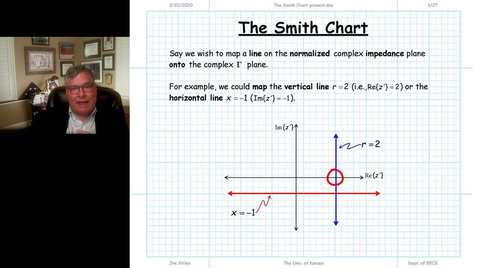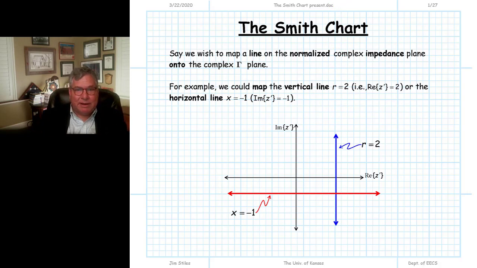That is the location of a normalized impedance which is purely real and a value of 2. But as we move up the contour, we find the imaginary part becomes positive, a real part of 2, an imaginary part of some positive value. As we continue to increase up that contour, that imaginary part increases, and eventually we would approach infinity.